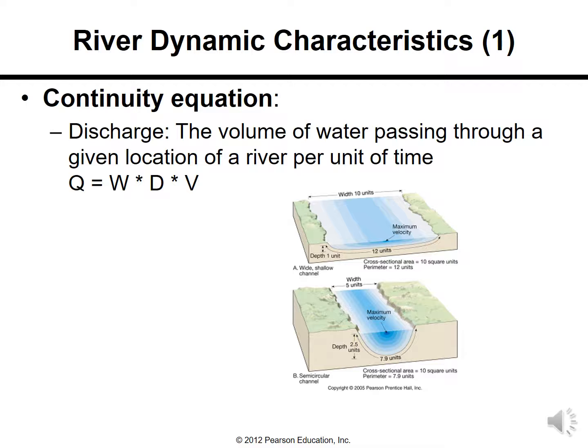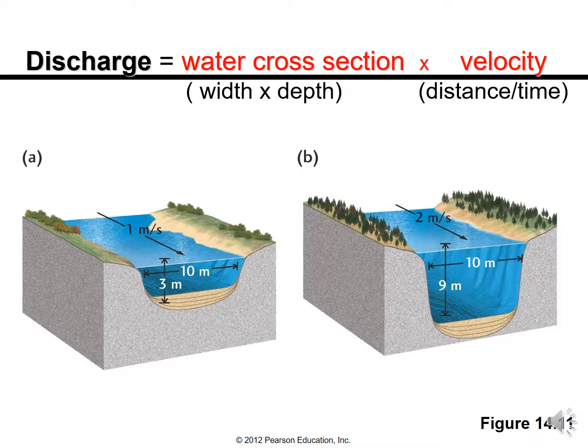If you see this picture, you can see the width, depth, and the velocity of the river. If you think about this equation, the water cross section multiplied by the velocity. The water cross section comes with the width multiplied by depth. So it's basically right here, 3 meters, 10 meters in this example. The 3 meters would be depth, 10 meters would be width, and that's going to give 30 multiplied by 1 meter per second.